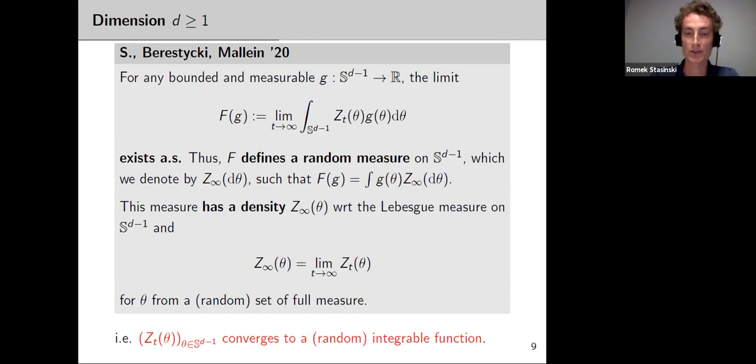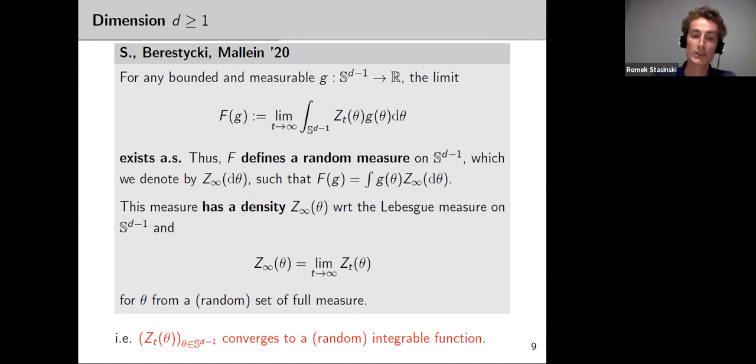The answer to this question is actually yes, and that's what we prove in our main theorem. We show that the derivative martingale, seen as a process on the sphere, so in this multi-dimensional setting, converges weakly to a random measure. And here by weak convergence, I mean that if you look at scalar products of our derivative martingale with any bounded and measurable function from the sphere to real numbers, then such scalar products do converge.